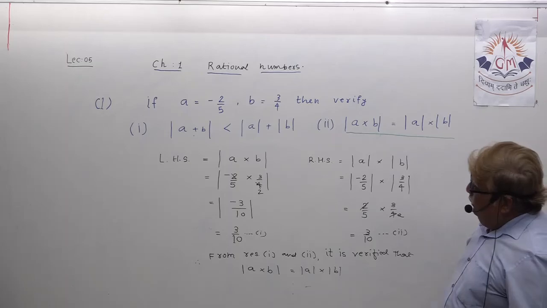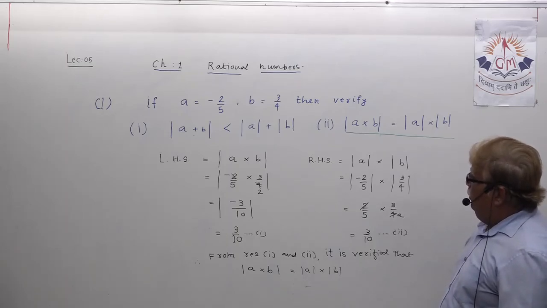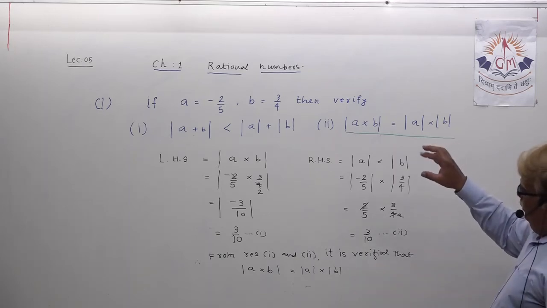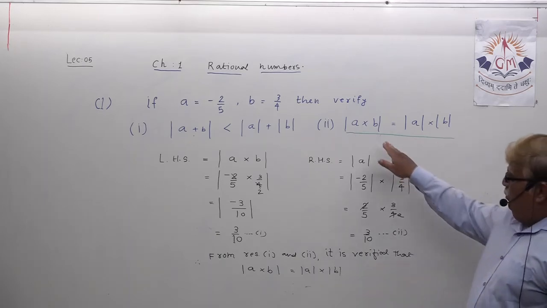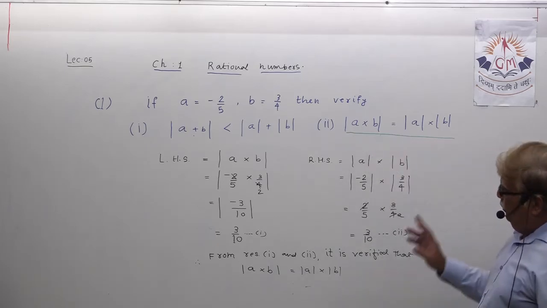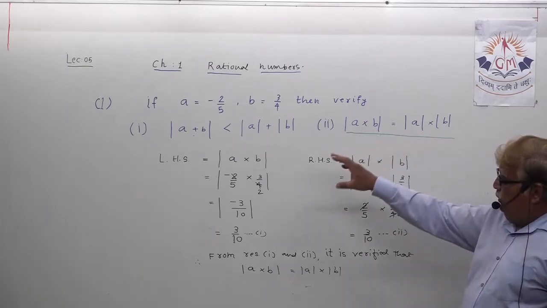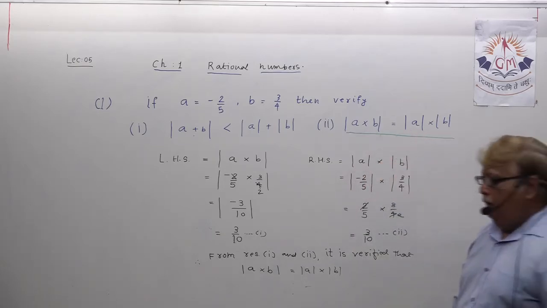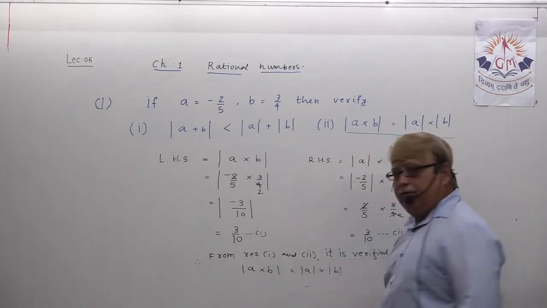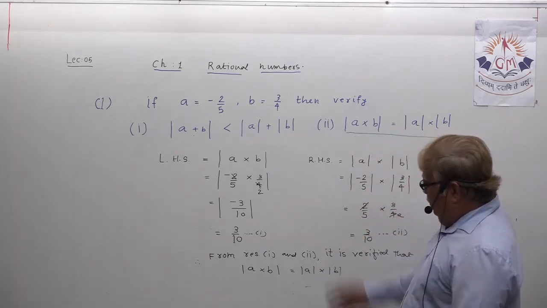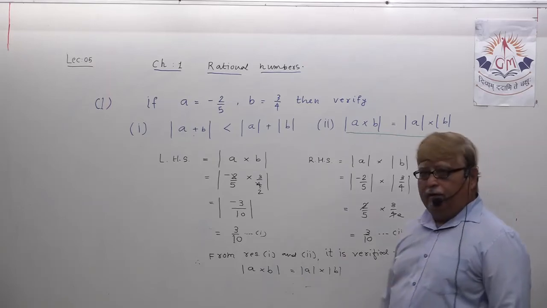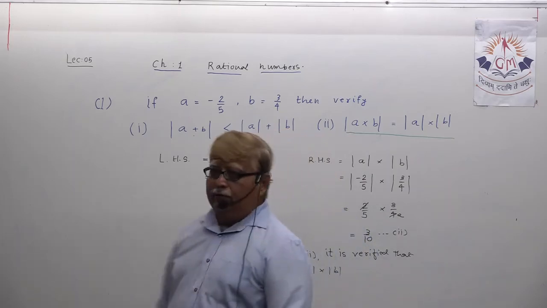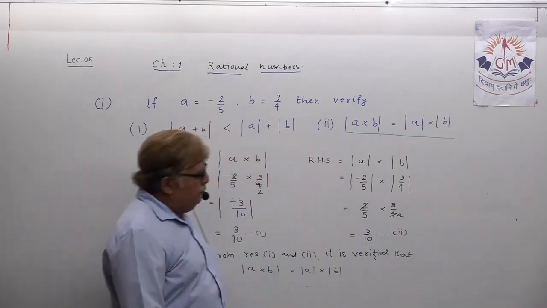We are going to solve another example also, but whenever you are given any two rational numbers and you have to prove the property, this way you have to move. First you will find LHS, then you will find RHS, and your result number 1, that's LHS, and your result number 2, that's RHS, need to be equal.